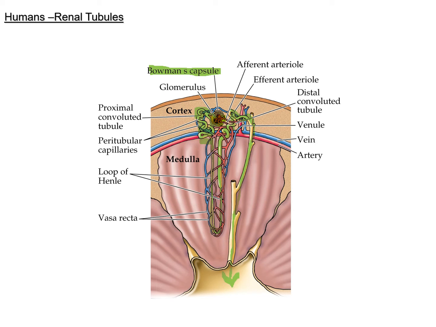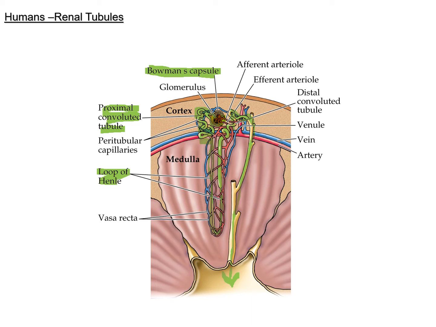This initial part of the tubular system, of course, is the Bowman's capsule, and that's always present in the cortex. After that, the first tubular section is called the proximal convoluted tubule, and then diving down into the medulla, you have the loop of Henle, and there's a descending arm of the loop of Henle and an ascending arm back up towards the cortex.